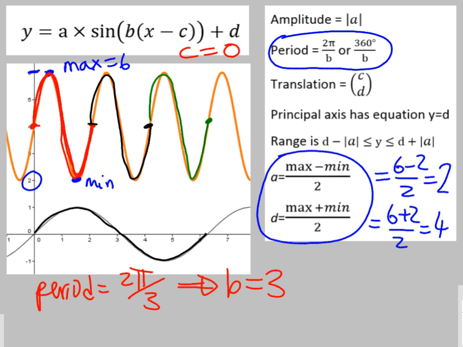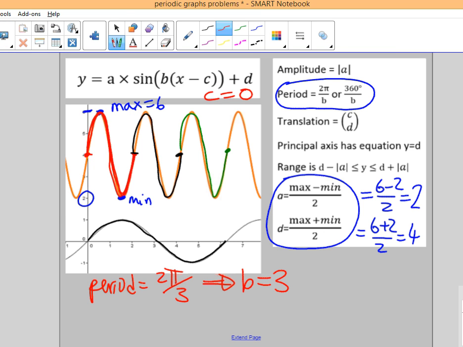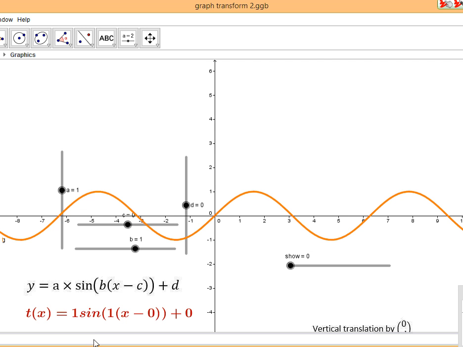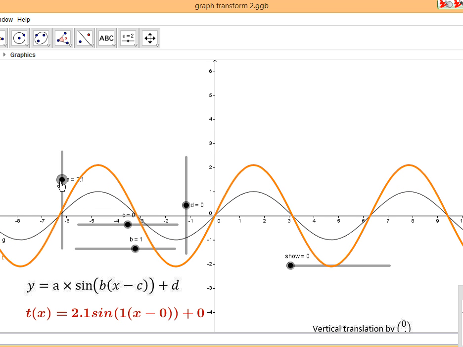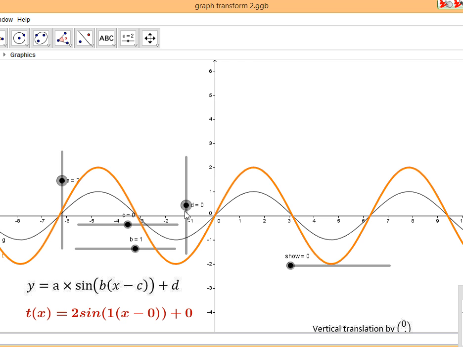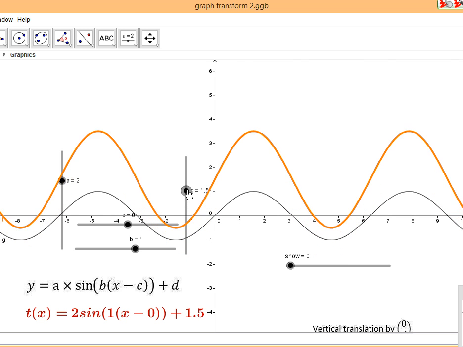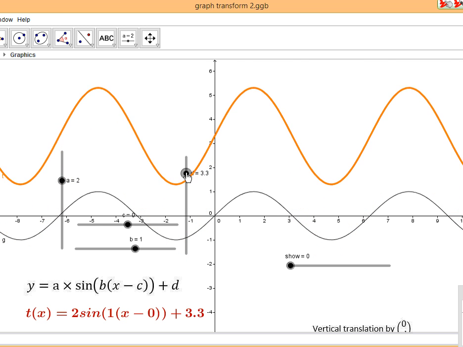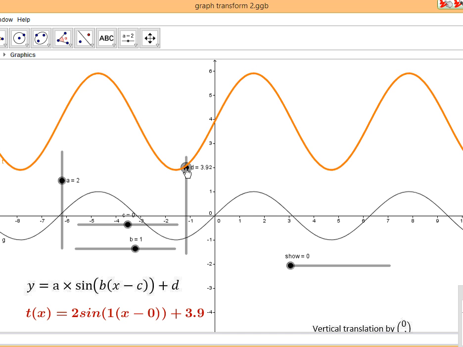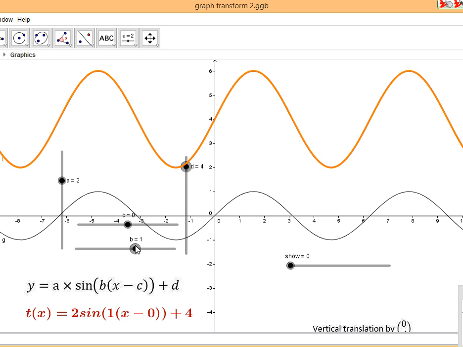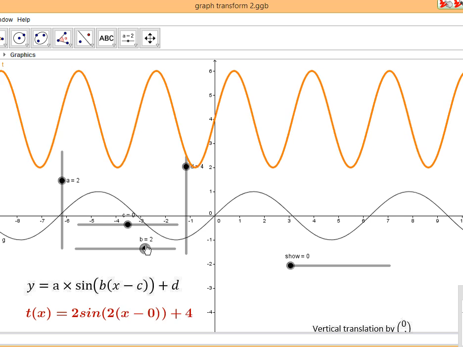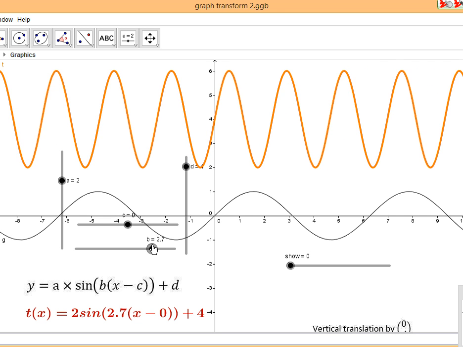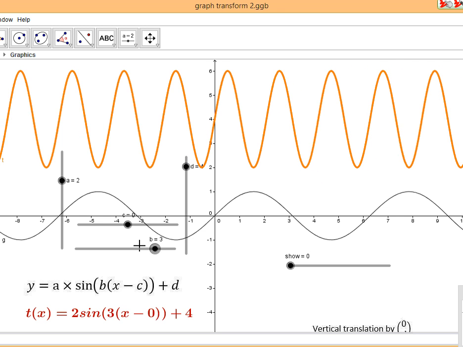Okay, so let's test these values. So we figured out that a was 2, that affects the amplitude. We figured out that d is 4, that affects the principal axis. It's a vertical translation. And we figured out that b was 3. That's a horizontal stretch of factor 1/3.